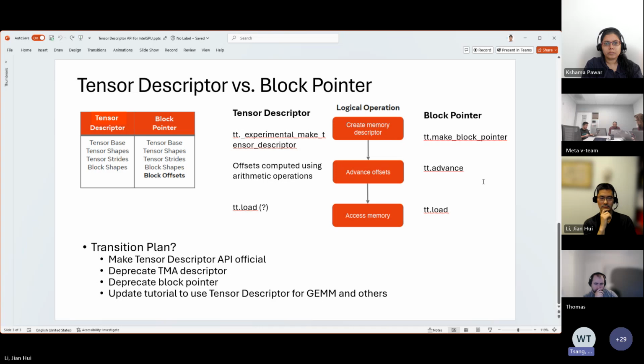So if we want to deprecate block pointer and use tensor descriptor, that means, as you say, it's more restrictive, and some pointers cannot be described with tensor descriptor, so people will be forced to use the tensor pointer, which I think is the opposite of the MLIR progressive lowering idea. If we can have something more high level that, depending on the case, may or may not lower to tensor pointer, that would be more ideal. What do you think?